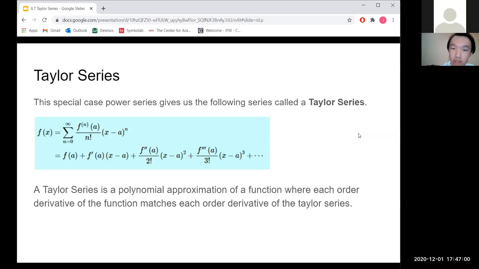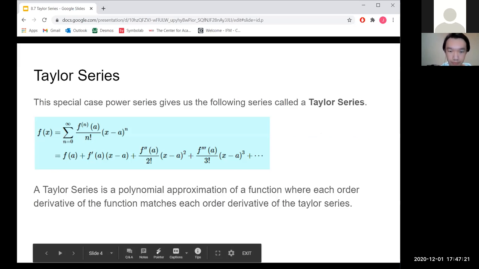And Taylor series is actually the same idea here. However, it's more specific. The way a Taylor series works is you're trying to match the ordered derivatives with the actual function. What I mean is, let's say you have a function.